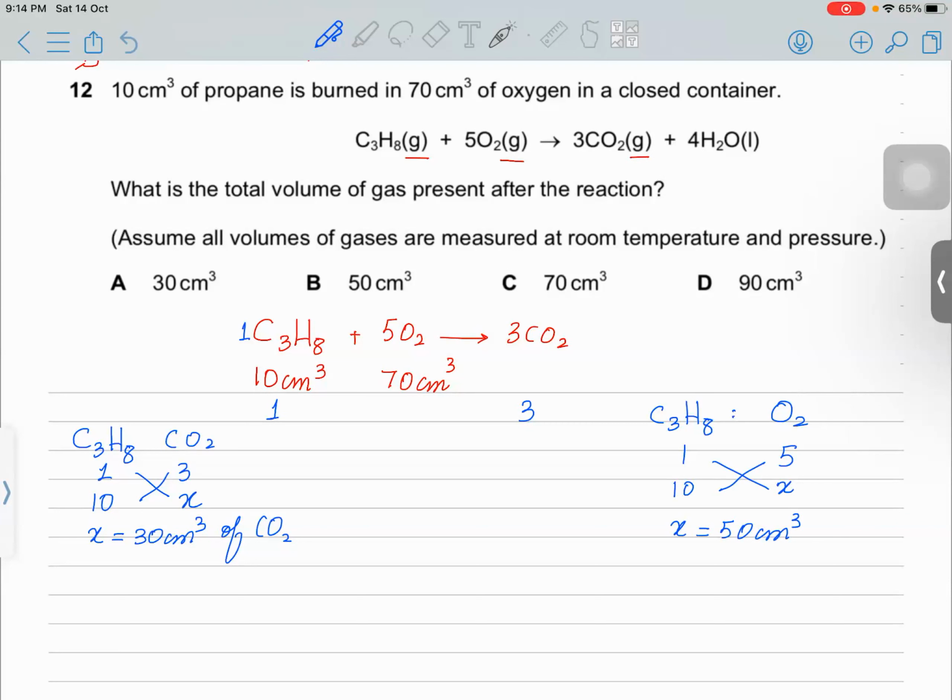Now listen to my question. After the completion of the reaction, can anyone tell me the volume of C3H8? Sir, 30 cm cube. C3H8? 20? No, C3H8 is 10. Oh, sorry. We know that it is the limiting reactant. So all of C3H8 is consumed.